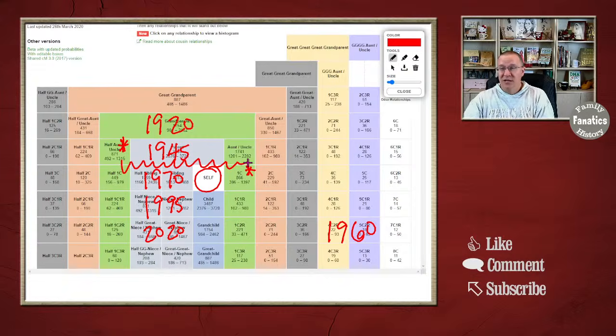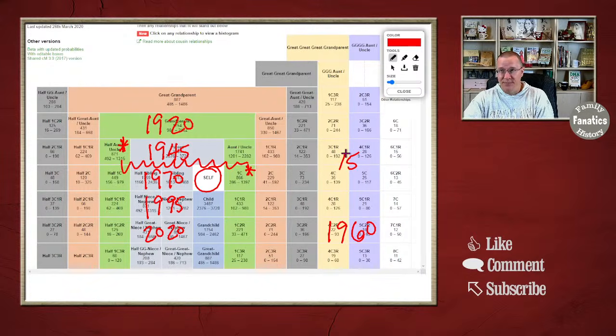All right. So this is when we've got to start using some logic, but also, where is the real possibility? So for instance, if these parents were born in 1945, well, 1960 would be 15 years old. That's on the tail end, the very beginning of when you might start seeing kids. So if it was a first cousin, then you might be expecting that one of the parents had a child at 15 years old.